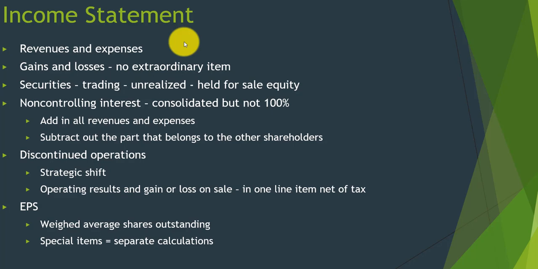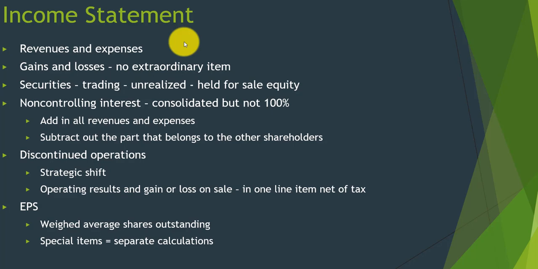So you add all the revenues and all the expenses on the income statement, since that's what we're talking about. Let's say you only own 80%. So you added in 100% of the revenues and expenses. So what you do is you subtract out the 20% that actually belongs to someone else.